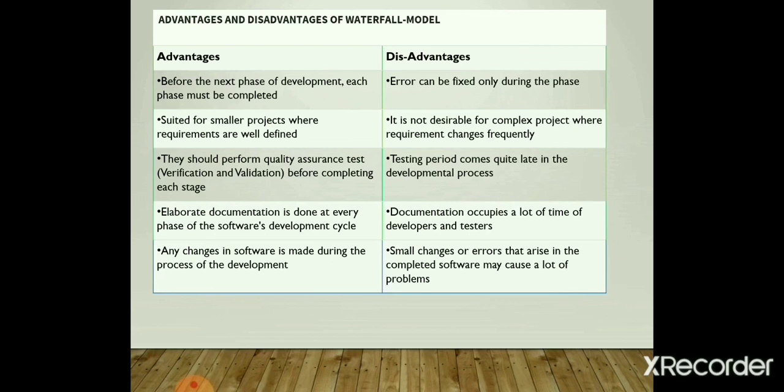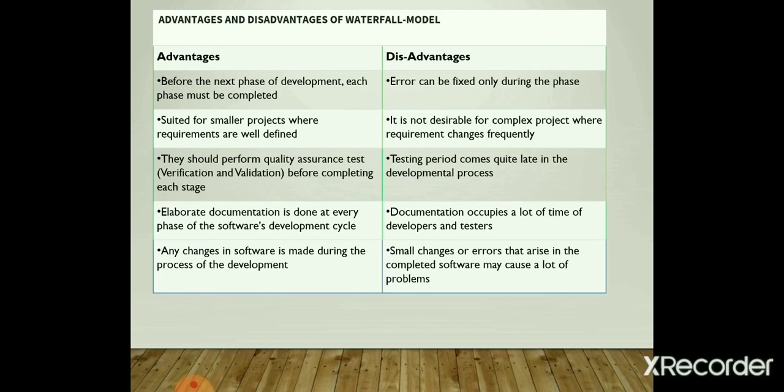Any changes in the software are made during the process of development. And the disadvantage is that small changes or errors that arise in the completed software may cause a lot of problems.